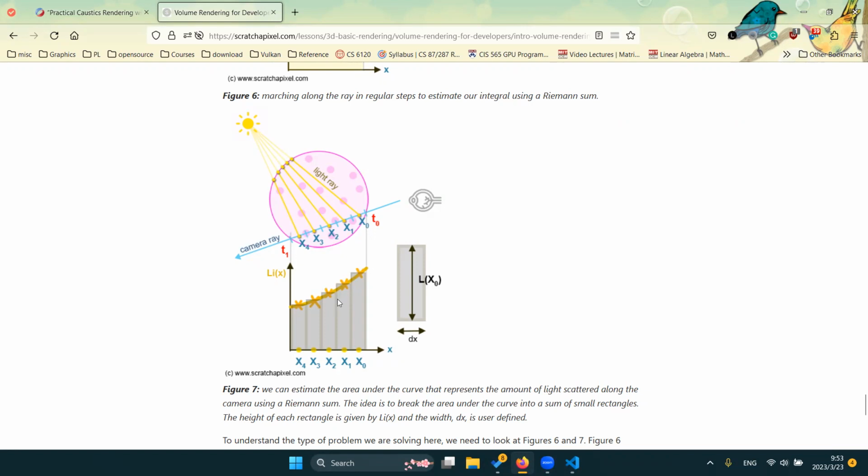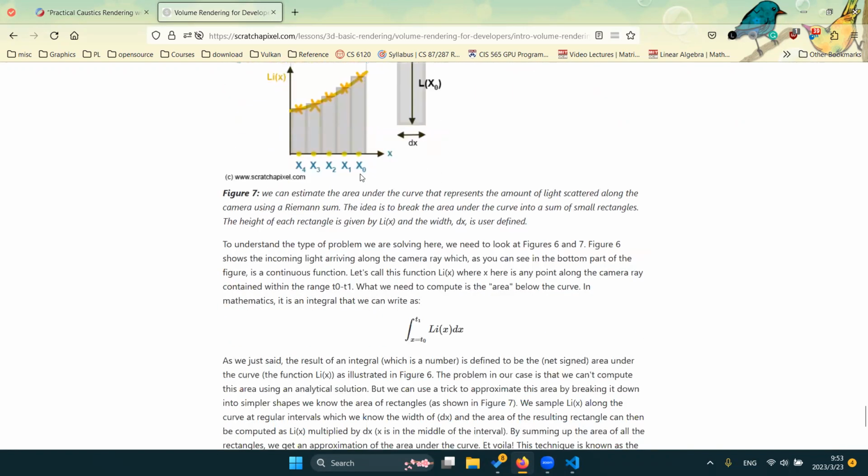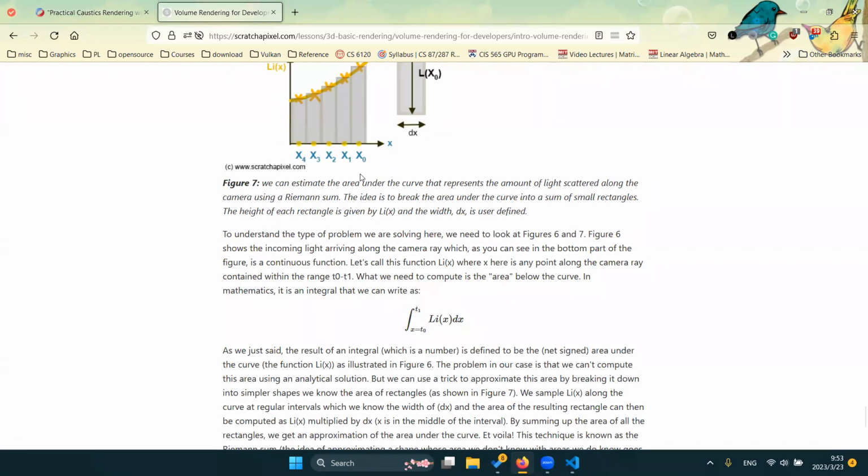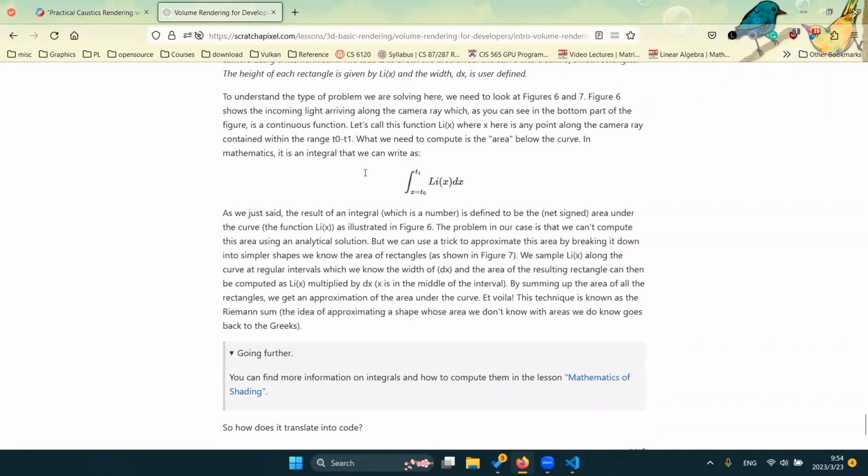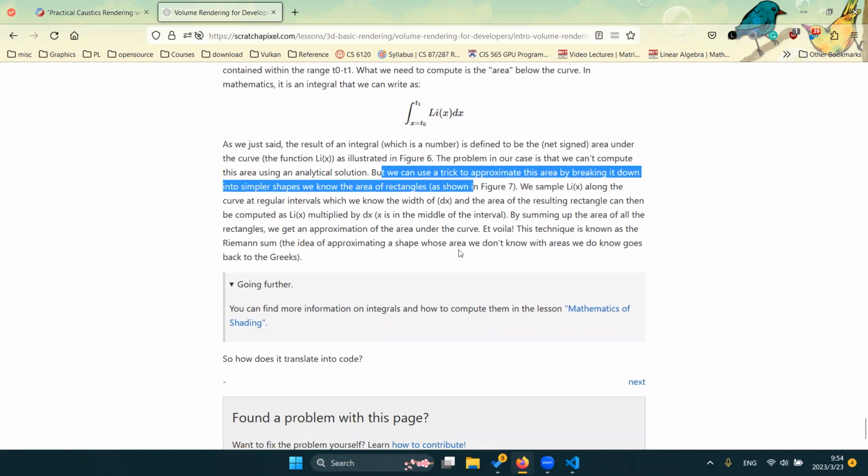That's why they use numerical integration rather than an analytical solution. Yeah, it's a Riemann sum.